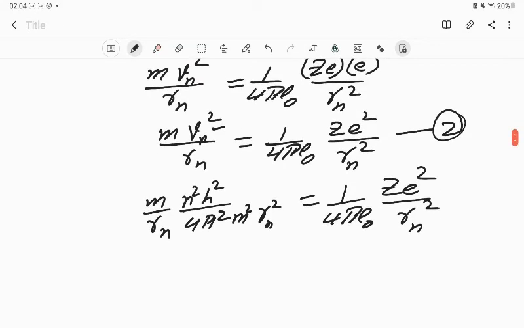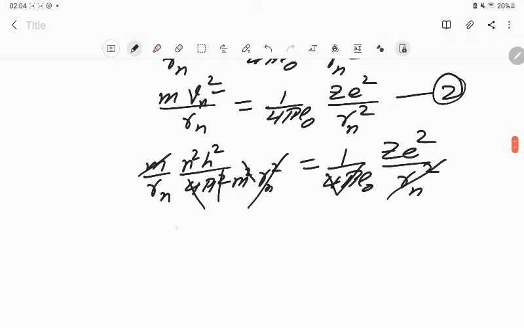Now this rn and this rn square cancel, this 4 and this 4 cancel, and one m and the m cancel, one pi and one pi cancel.